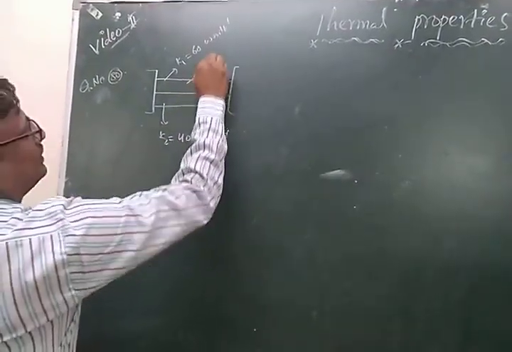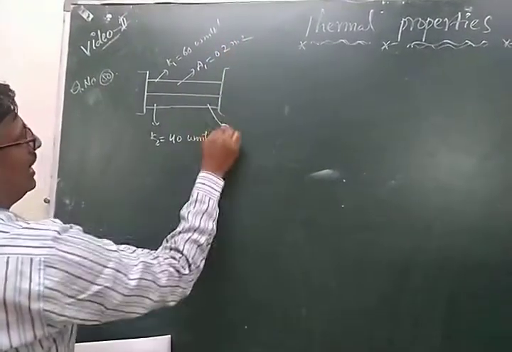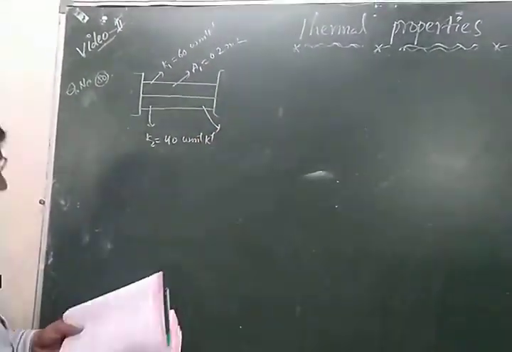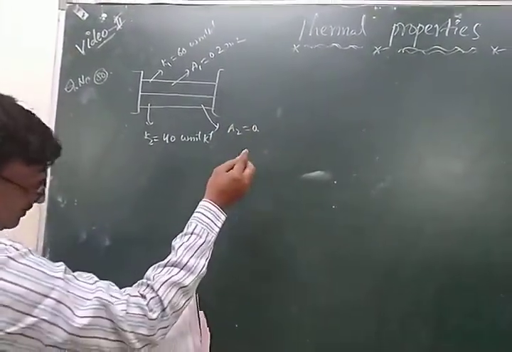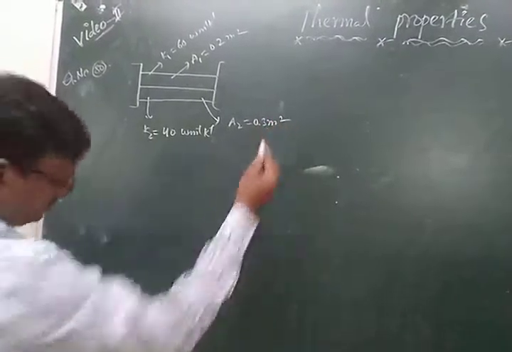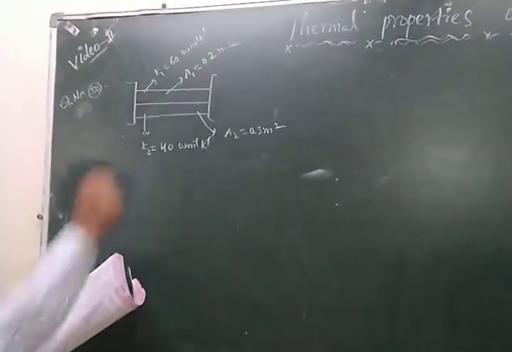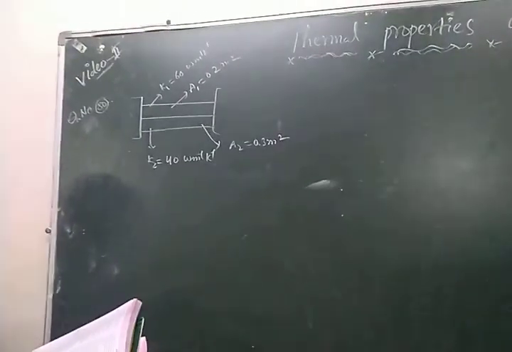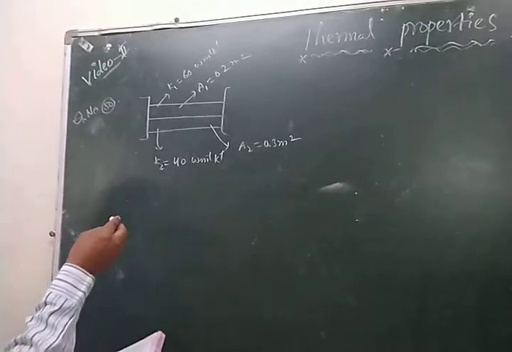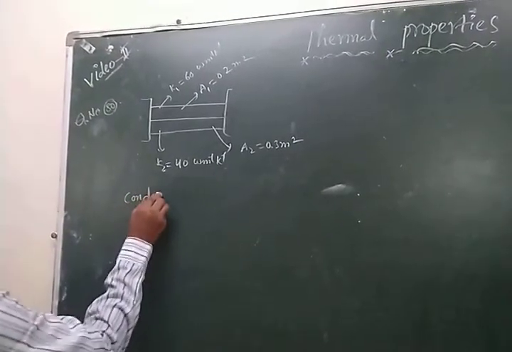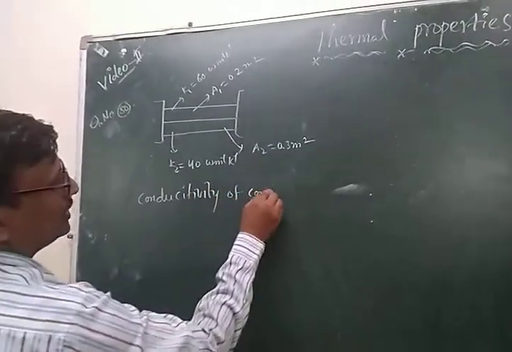The first rod's area A1 is 0.2 meter square and the second rod's area A2 is 0.3 meter square. They are connected in parallel to each other. Find the effective conductivity of the combination.